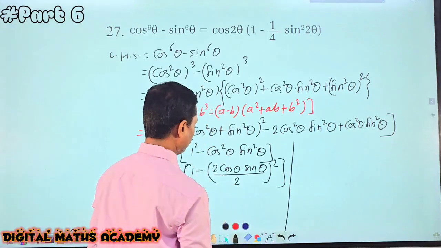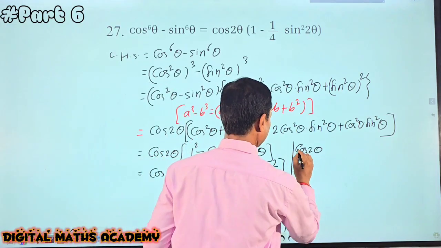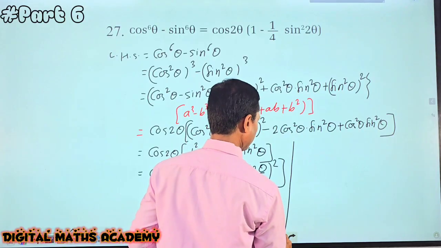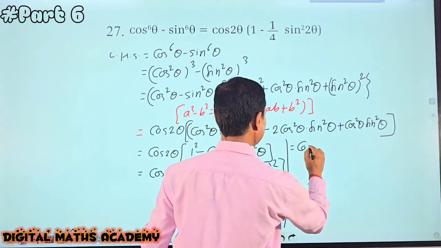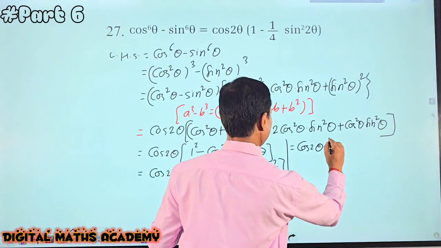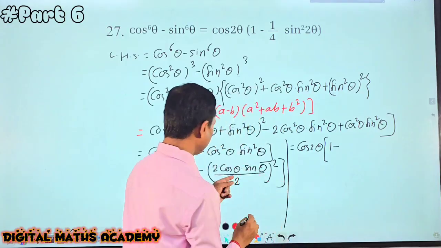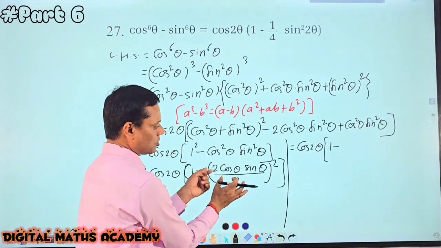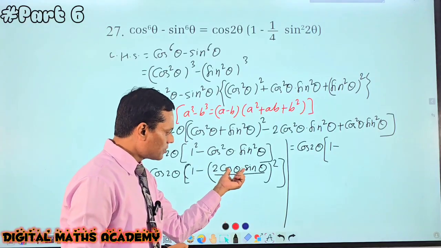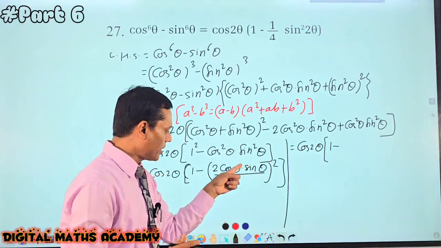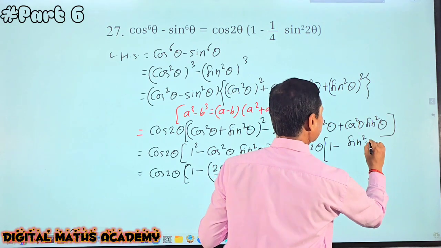Then we can write here cos 2 theta, equals cos 2 theta, and here we write 1 minus 2 cos theta dot sin theta, or 2 sin theta dot cos theta, same, so it becomes sin 2 theta, and here is already square, so it becomes sin squared 2 theta.